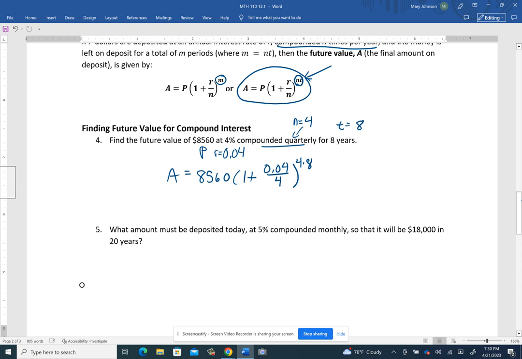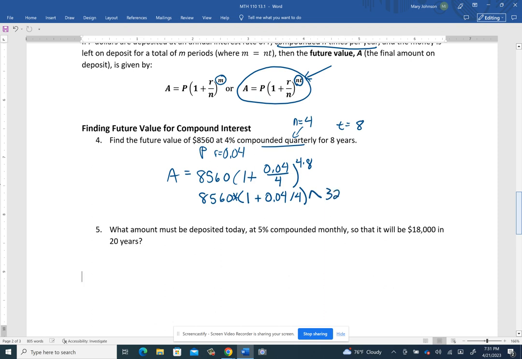I usually just type this into my calculator, and I do pretty much what you see there, the parentheses. Some of you have calculators that give you syntax errors if you don't actually put the multiplication symbol, so you may want to do that. Then I can type in plus 0.04 divided by 4, close the parenthesis, raise to the, and then don't put 4 times 8. If you did, you'd have to have it in parentheses.